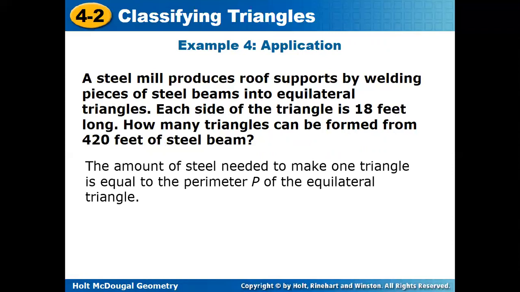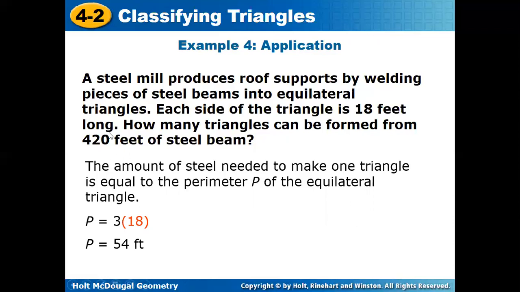So who can calculate with me the perimeter of one triangle? We know that in the equilateral triangle, the three sides are equal in length, so the perimeter will be 18 plus 18 plus 18, or 18 times 3, which is 54 feet only to form one equilateral triangle.